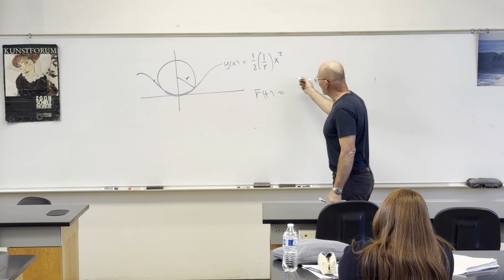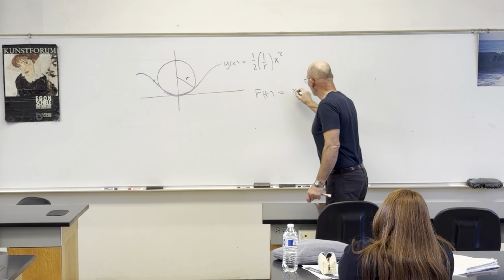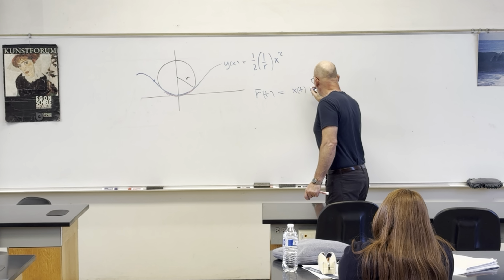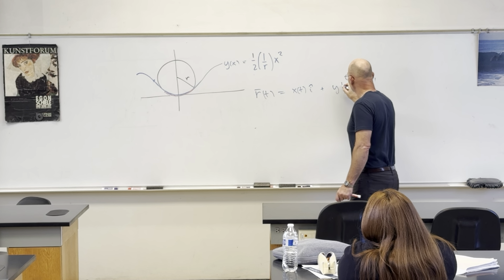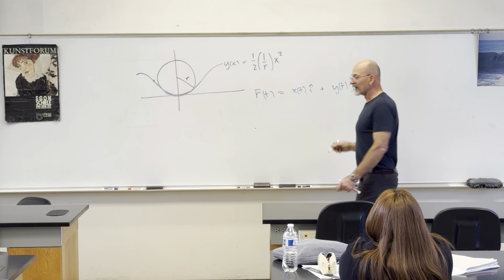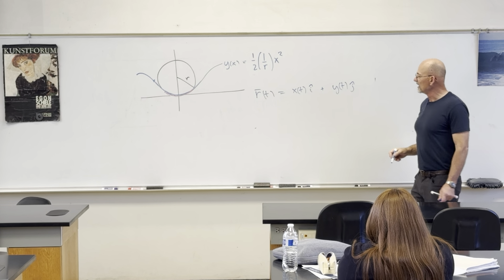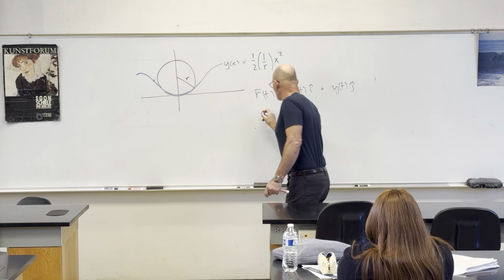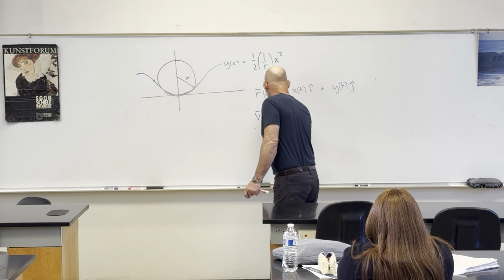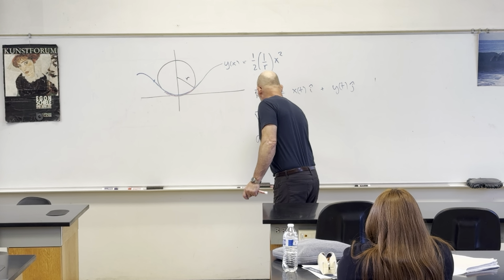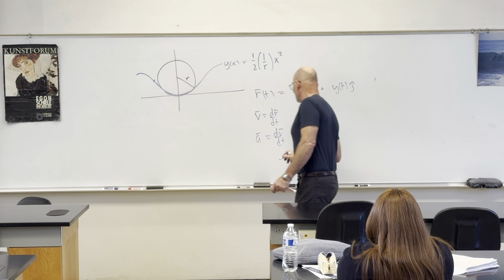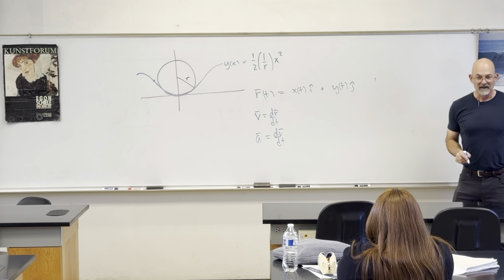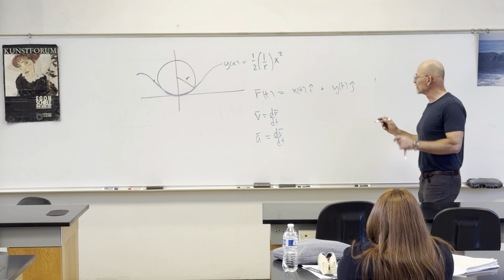I'll write it, okay, the way I had before, it's x of t i hat plus y of t j hat, right? That's just a parametrization, and we want to find v is equal to dr dt, and a is equal to dv dt. So that's just a question of chain rule, or taking time derivatives.